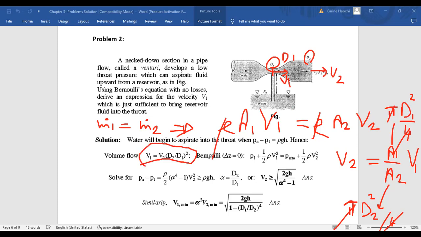Okay. And now let us apply Bernoulli equation between 1 and 2.